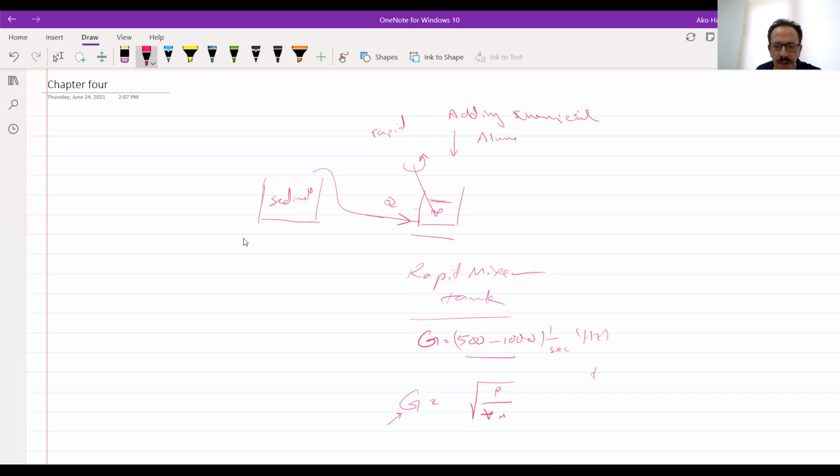The time period for the retention of water in this tank will be in terms of minutes. 1 minute to 2 minutes will be enough for just mixing the prepared alum with the Q.